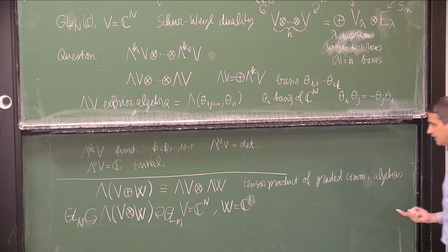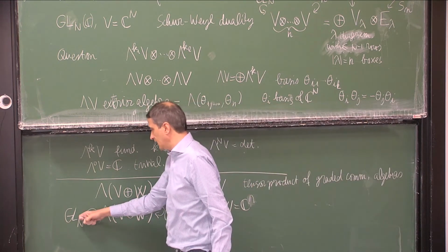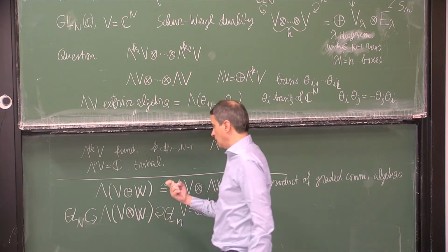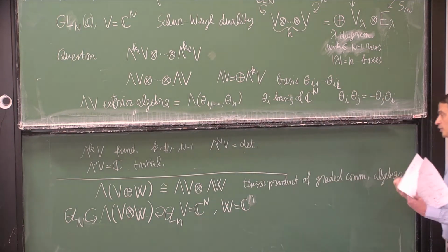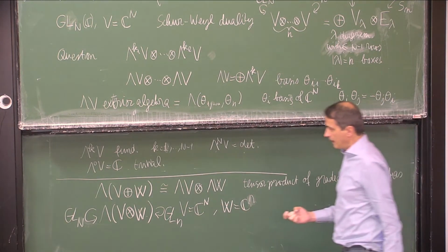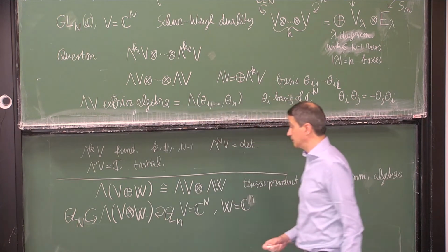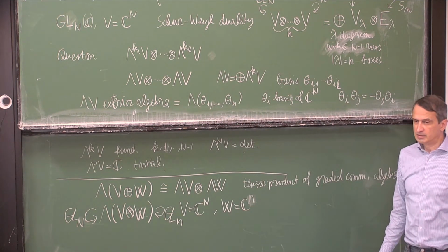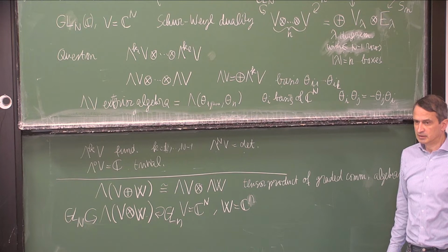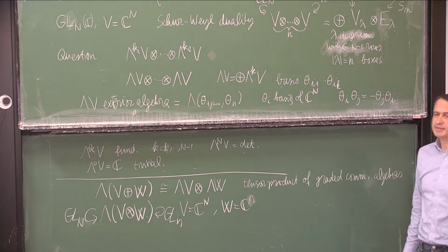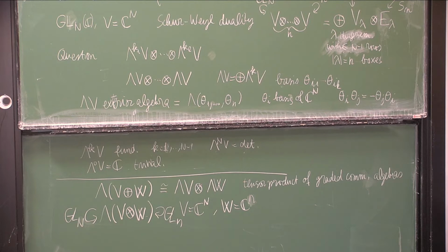Or the other way to say the same thing is that you have two actions which are the commutant of each other in the group algebra. Maybe I'm slightly confused. Are you saying that it's multiplicity free for the action of the product of two groups? Yes. But also you're saying that each representation of GLN will only occur in a pair with only one representation of GL small n?